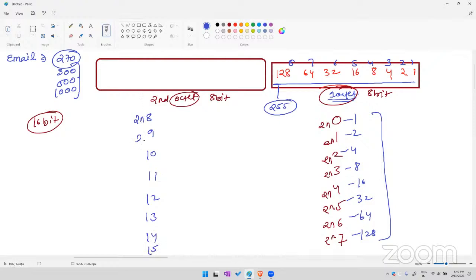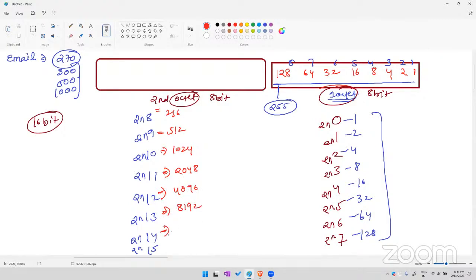Same thing, we need to do 2 power, so we can get the actual values. So how to get the values? Now verify. 256, 512, 1024, 2048, 4096, 8192, 16384 and 32768.